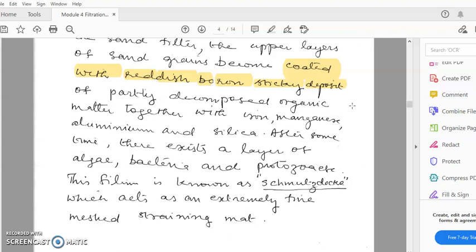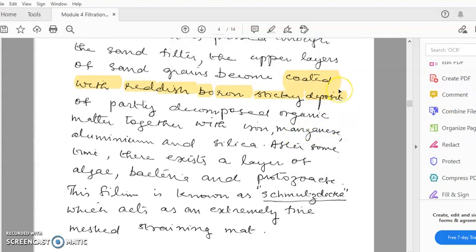That means when the reddish brown sticky deposit is deposited over the sand bed every day, as a result it becomes a thin layer forming over the top of the sand media.